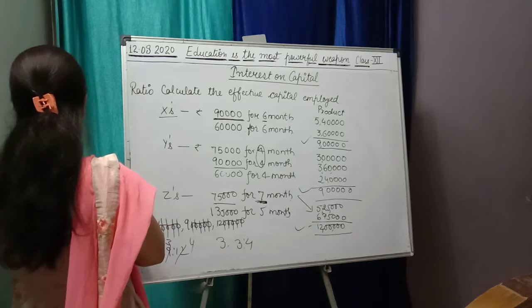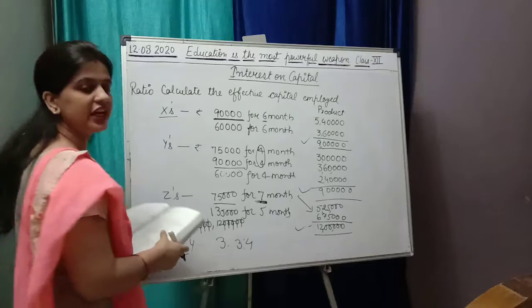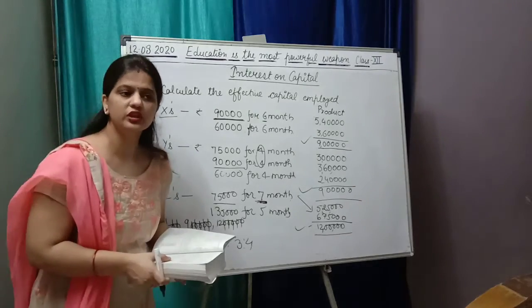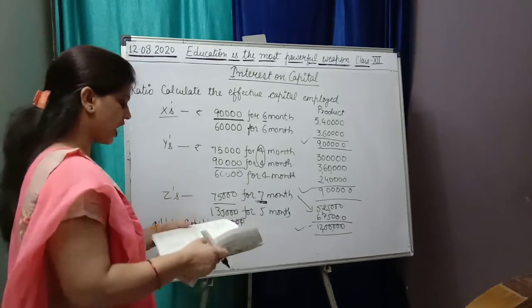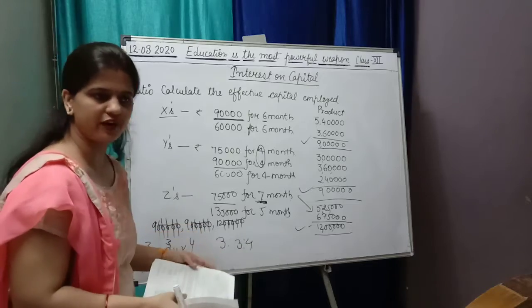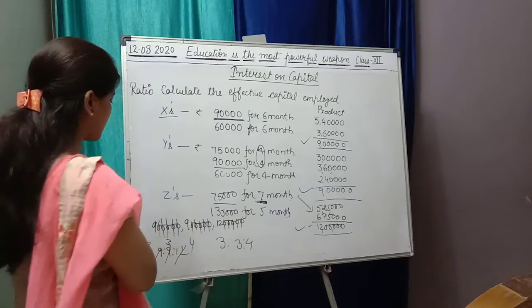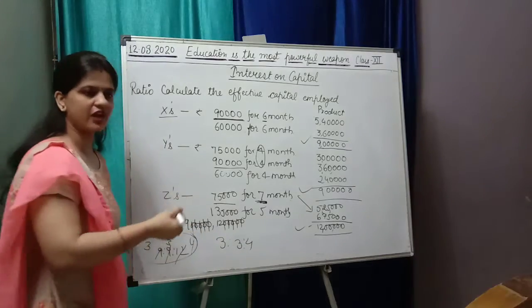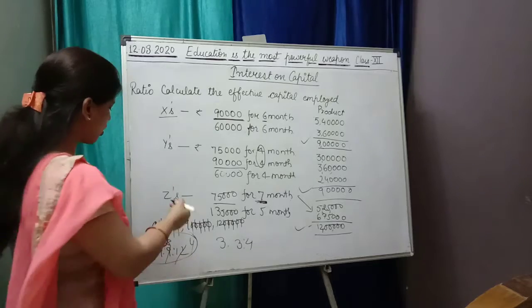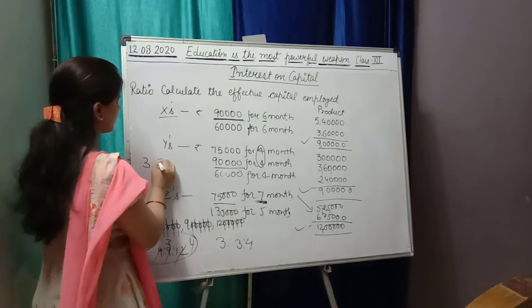Now what we have to do? The partners' profit is given, 42,000. Now we have to prepare the profit and loss appropriation account. We got the ratio, the effective capital employed ratio is 3:3:4.